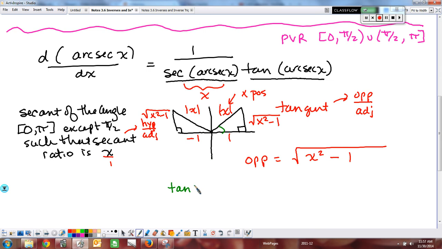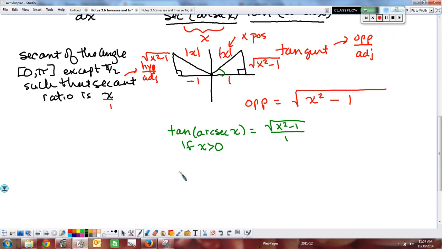If that angle is in quadrant 1, the tangent of the arc secant of x, so if x is positive, I'm in quadrant 1. That tangent would be positive square root of x squared minus 1 over 1.